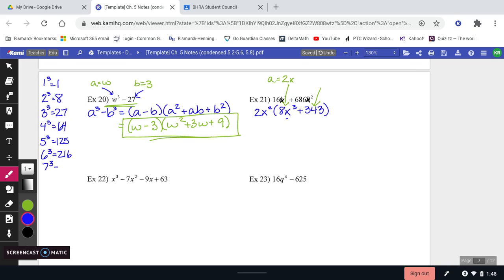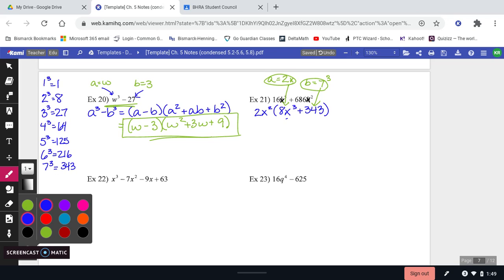Let's check and see what 7 cubed is. So 7 to the third power, there's that 343. So this 343, that's 7 being cubed. So the B is going to be the 7. The A is the 2x.